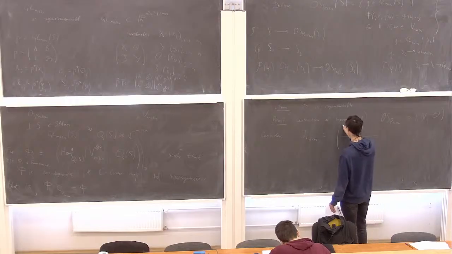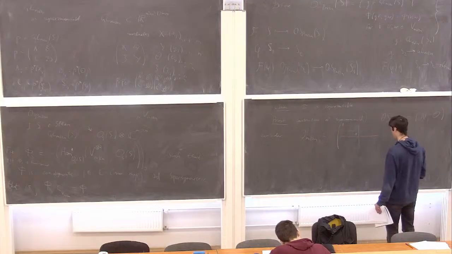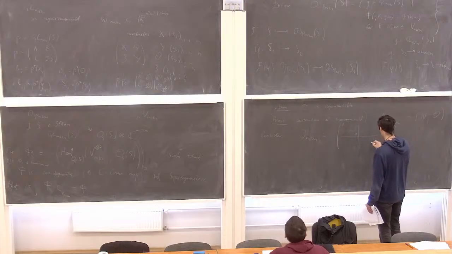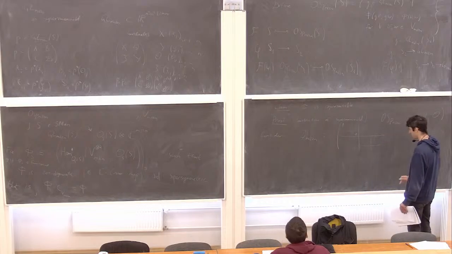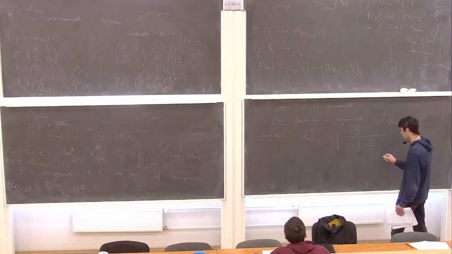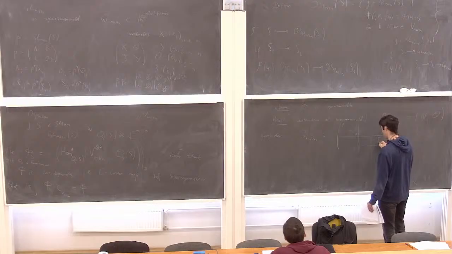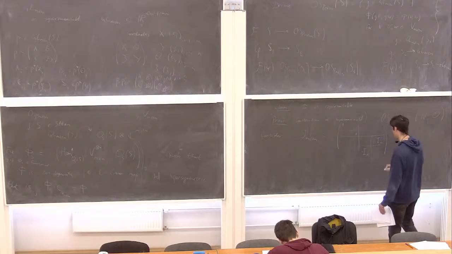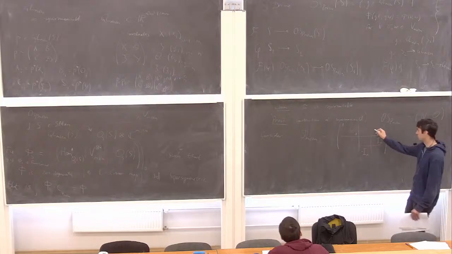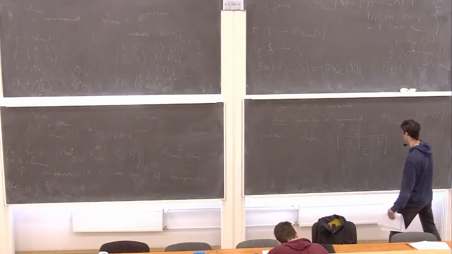Here I want ones, and here I divide this into 4 more blocks, and I will have identity n here and negative identity n here. So like this, and zeros everywhere else.